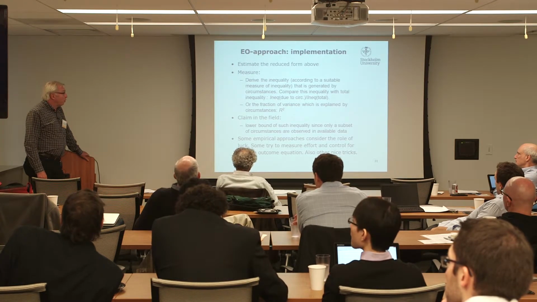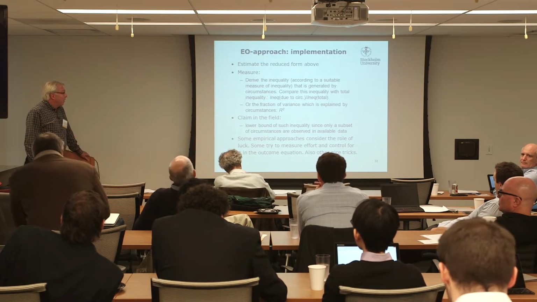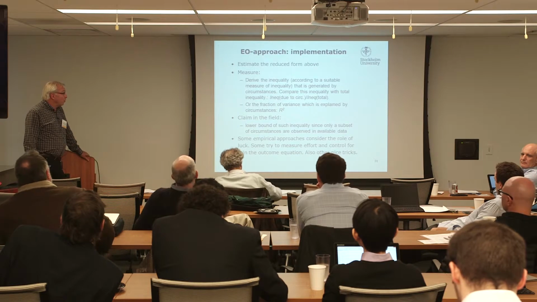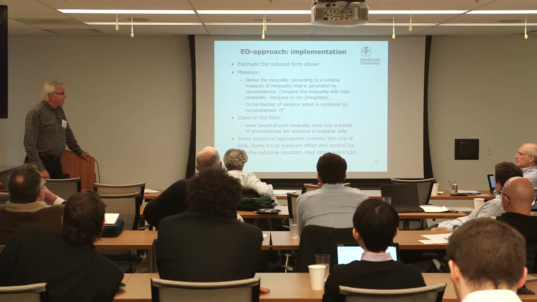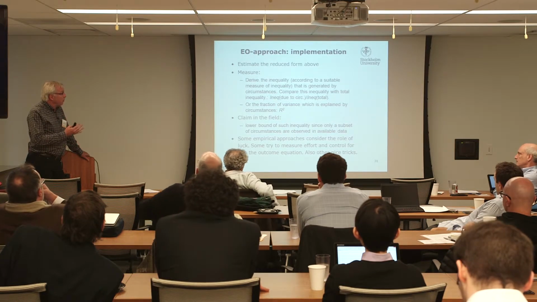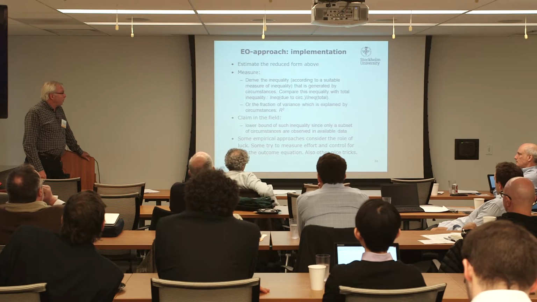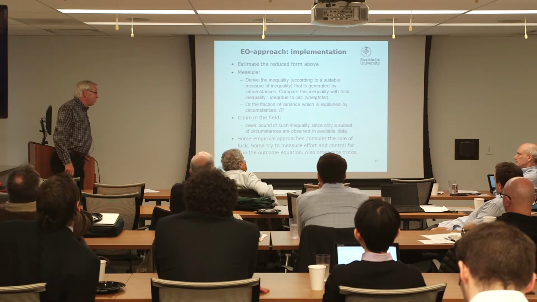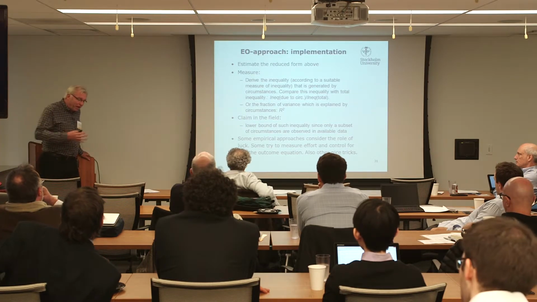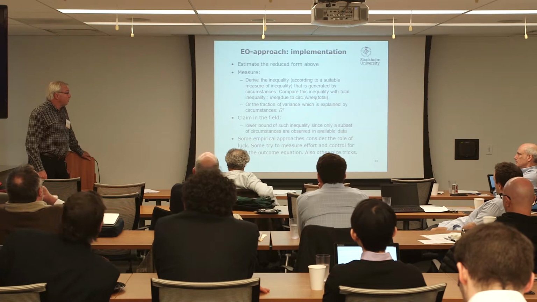You derive the inequality that is generated by the circumstances, and you compare this inequality with total inequality and see how much that is. And here it's important that one uses a suitable measure of inequality, because the variance does not fulfill all the axioms that one wants income inequality measures to fulfill.